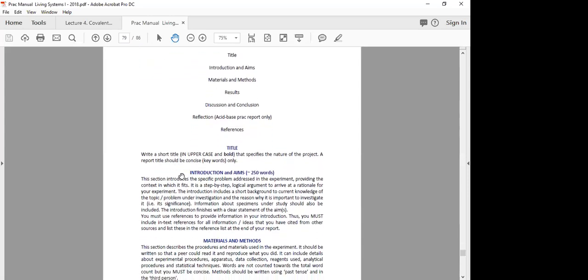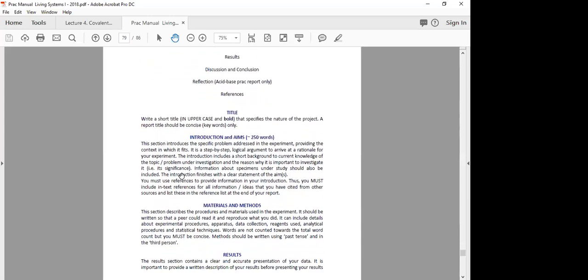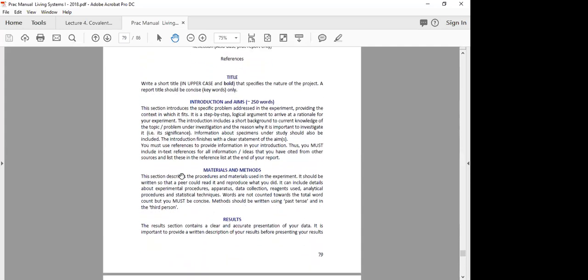All right, let's go through a little bit of information on each section. So we'll start with the introduction and aims. Now, the introduction section should start with a short background to current knowledge of the topic or the problem under investigation. So, in other words, don't start by saying the aim of this prac is to. Don't start with that.